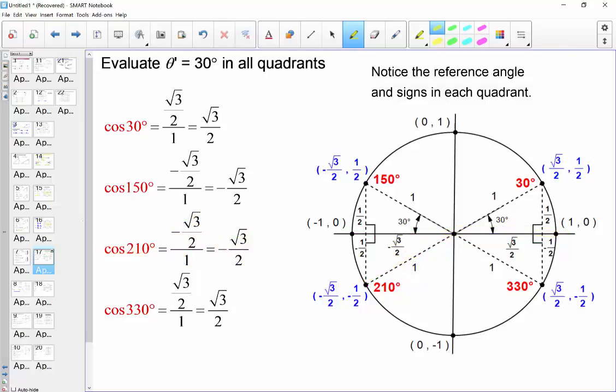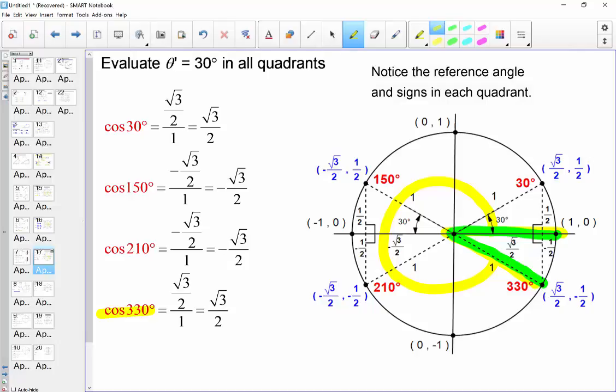And our last angle, 330 degrees, this angle here, and we're going to find our reference angle, which is going to be 360 degrees minus 330 degrees equals our 30-degree reference angle.